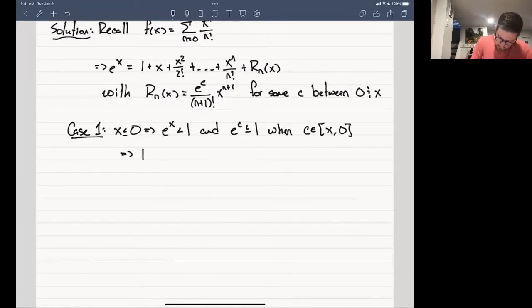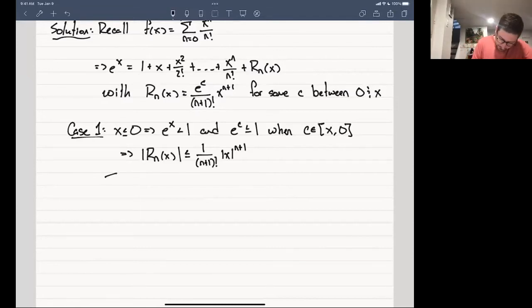But this tells me that the absolute value of Rn of x is less than or equal to 1, which is the upper bound on e to the c, divided by n plus 1 factorial times x to the n plus 1.